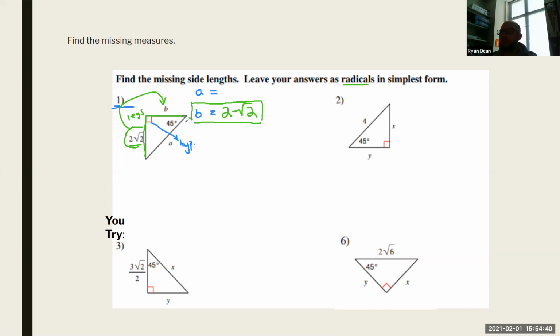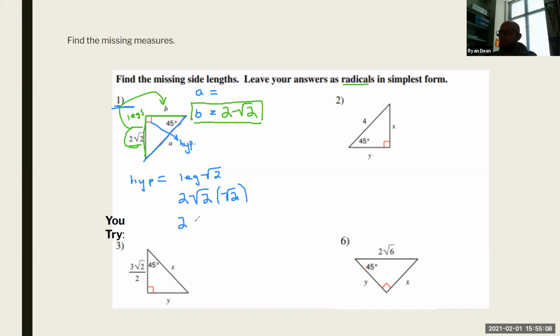Now for A, okay, this side down here in blue, to find A, remember what our formula said. The hypotenuse is equal to the leg times the square root of 2. So our leg here in this case is 2 times the square root of 2. And then we're going to multiply it by another square root of 2. Okay, so I'll rewrite this.